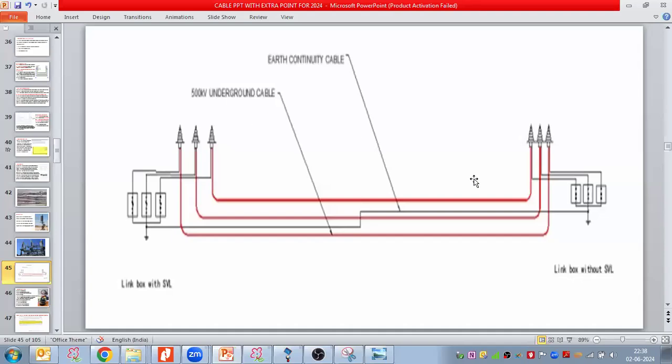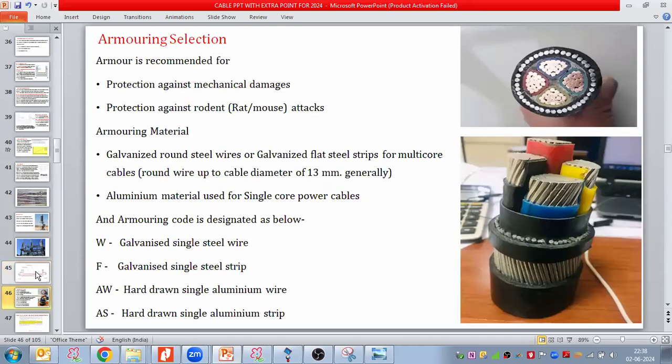I think this we have already discussed. Am I clear on this? So here we have the next cable part, which is the armoring of the cable, this part.